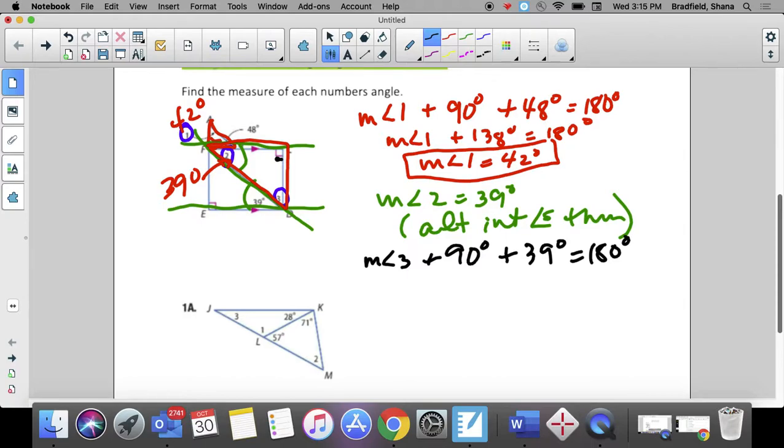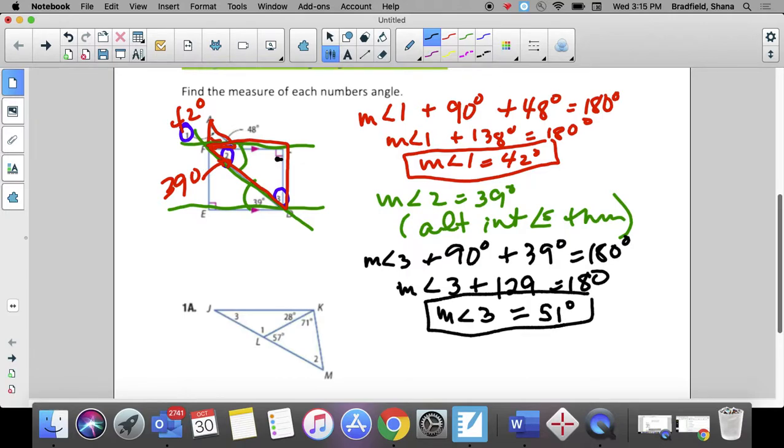That's the triangle angle sum theorem. The measure of angle 3 plus 90 and 39, which would be 129, is equal to 180. And then if I subtract 129, the measure of angle 3 is equal to 51 degrees. So there are my measurements: angle 1 is 42, angle 2 is 39, and angle 3 is 51.